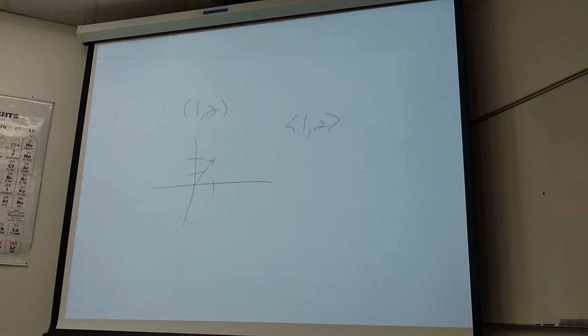The vector has direction, and it's got length. Because if I had the vector 1, 3, that would be a little bit longer than the vector 1, 2, right? So its length means something. If it was a force vector, the vector 1, 3 would represent a more powerful force than the vector 1, 2 would. And they're acting at slightly different directions, slightly different angles.